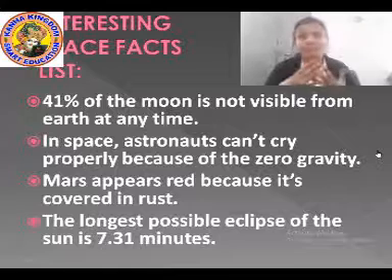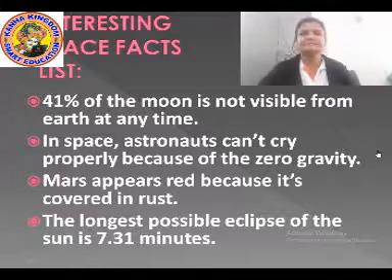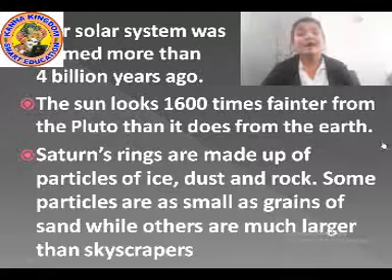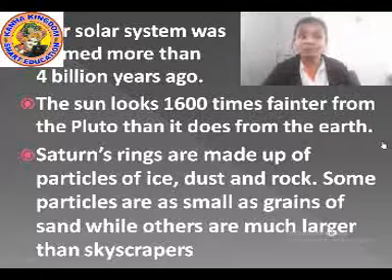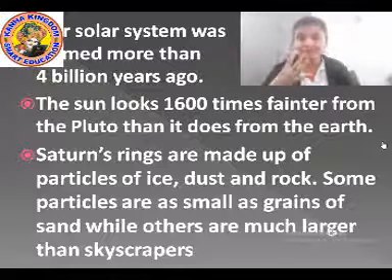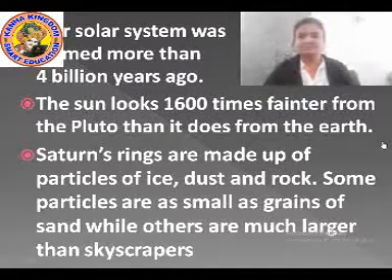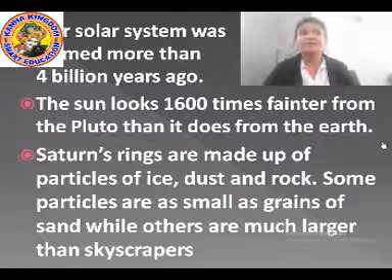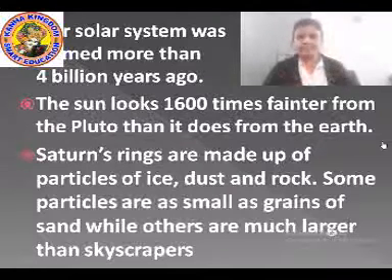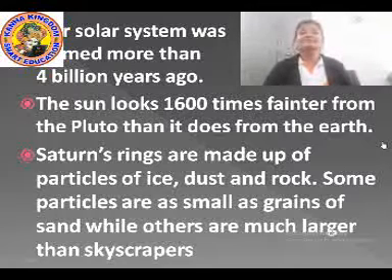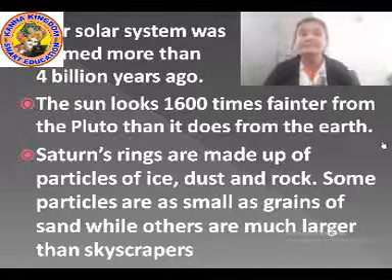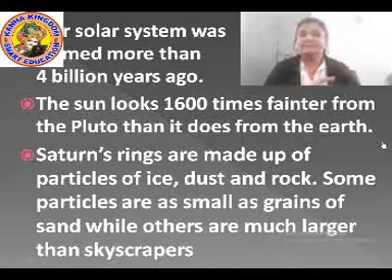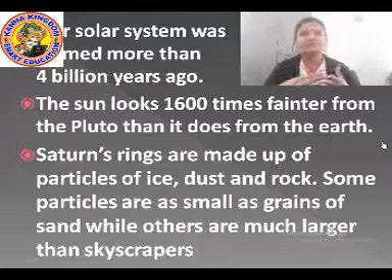Now some more interesting facts. Our solar system was formed more than 4 billion years ago. Okay, now about our sun. Our sun looks 1600 times fainter from Pluto than it does from the earth.